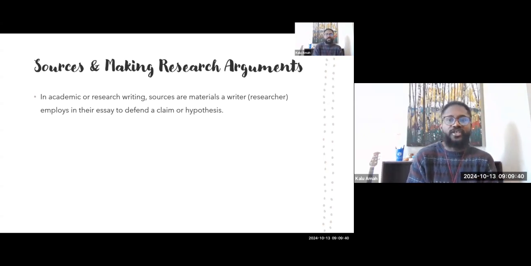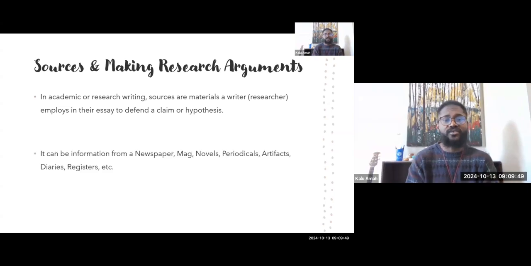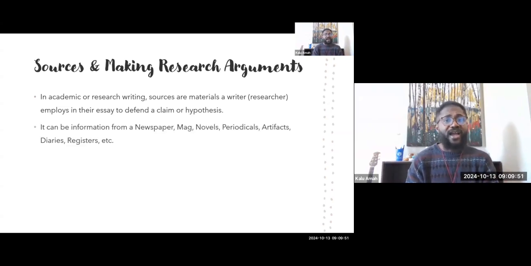They could also be objects. They can be clothing, letters, books, novels, something someone else has written. So, newspapers, magazines, novels, periodicals, artifacts, diaries, registers, census documents.